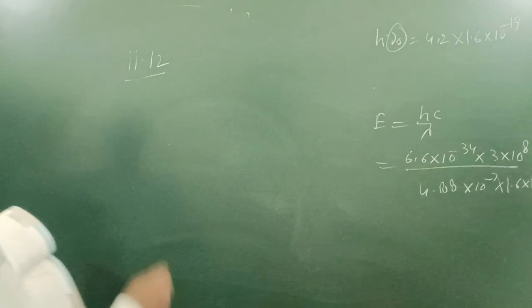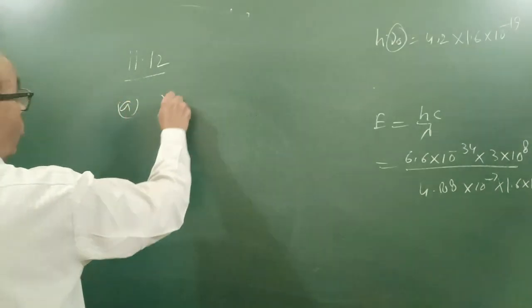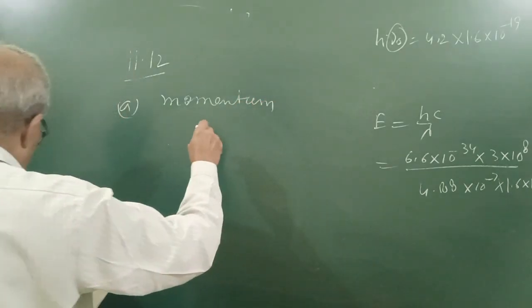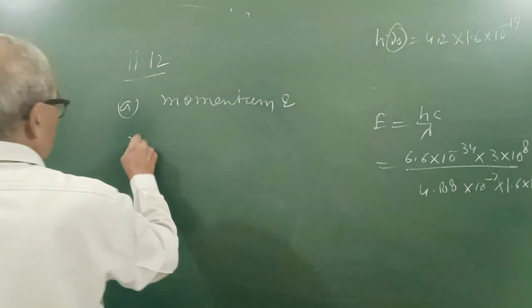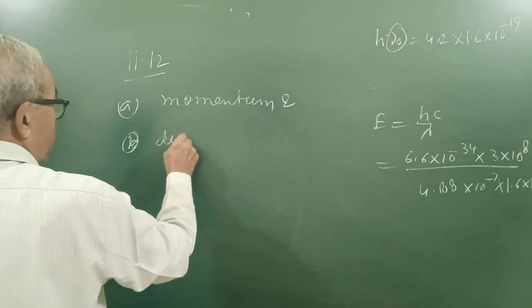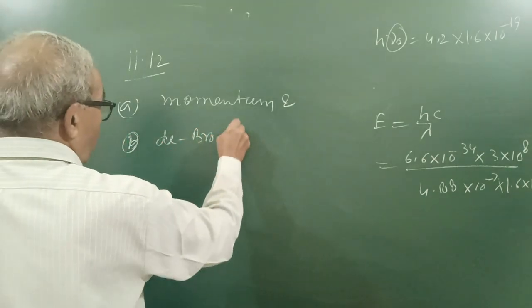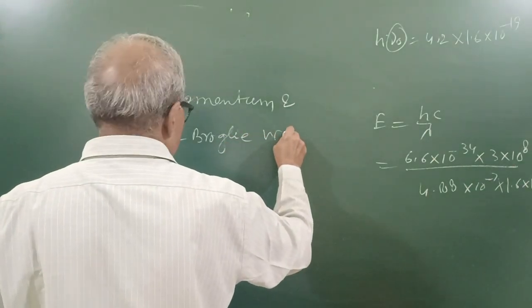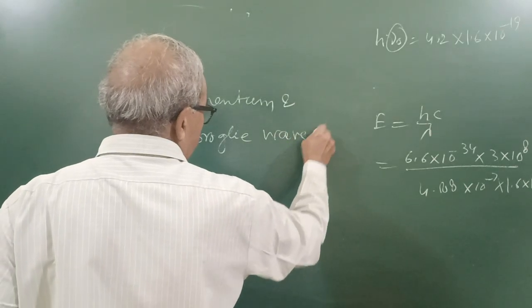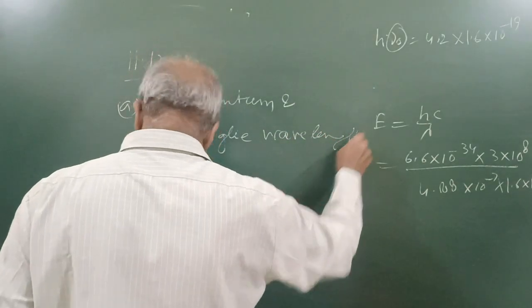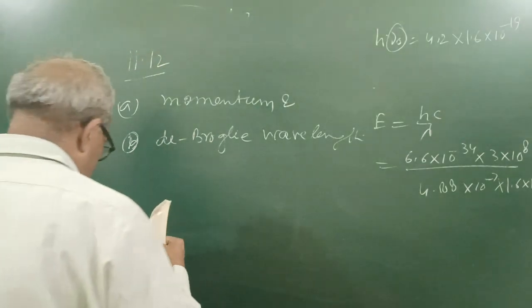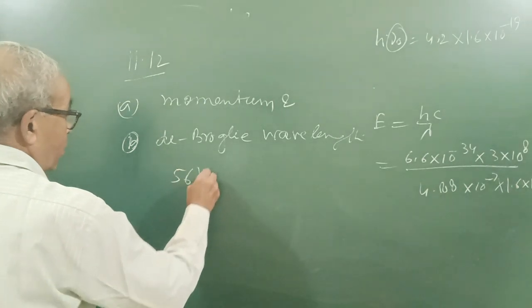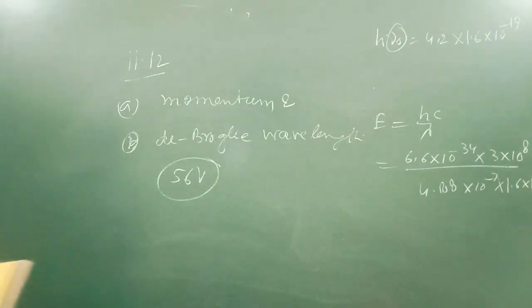Calculate the momentum, and part B, the de Broglie wavelength, of electrons accelerated through 56 volt.